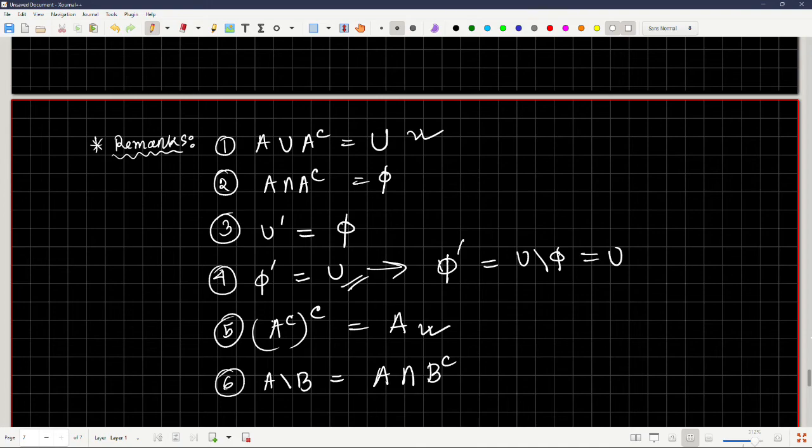Number 4 means the complement of the null set is the universal set, because what is the definition of a complement of a set, right? You take the universal set and you take the set difference between the universal set and the set that you were talking about. Now when I'm talking about the complement of a null set, by definition I have to write U set difference with null itself, right?